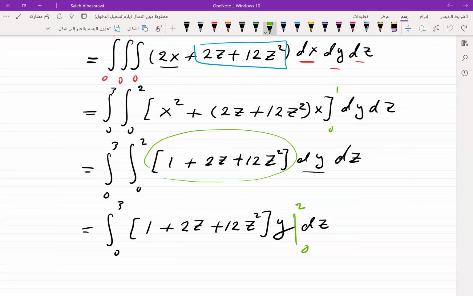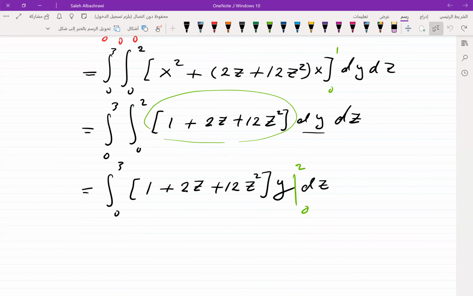We have to evaluate the variable y from 0 to 2. That will give me 2. I will write it outside the integration as a constant. So it is 2 multiplied by the integral from 0 to 3 of 1 plus 2z plus 12z squared.